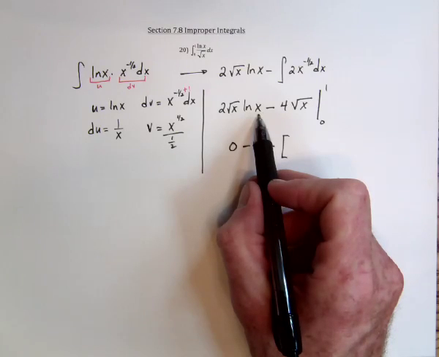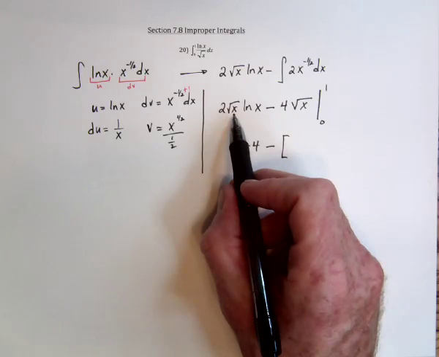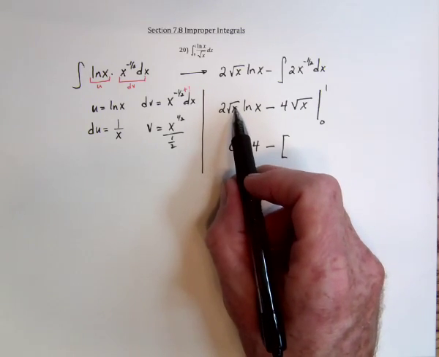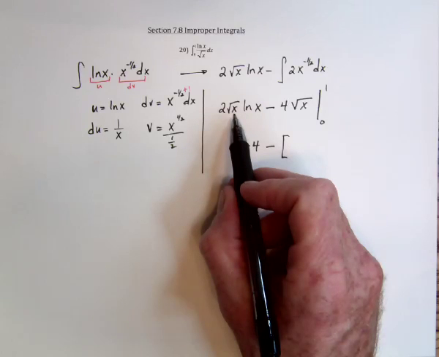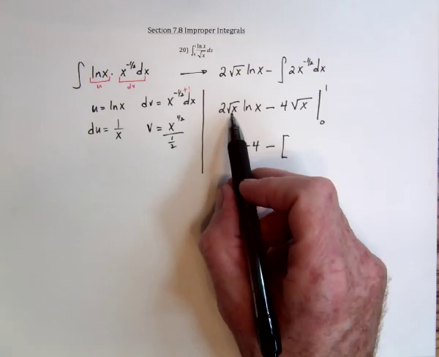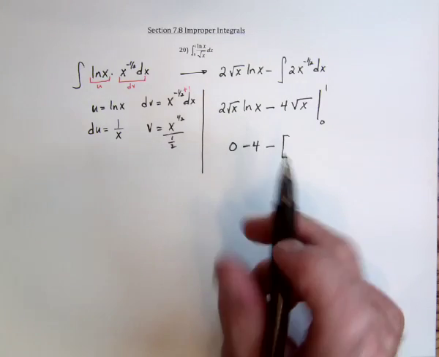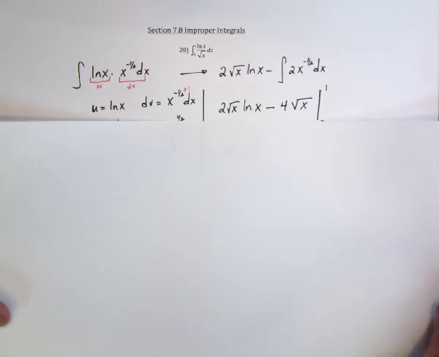So is the answer negative infinity because this is so powerful, or is the answer 0 because this takes control of the situation? In other words, this one's going to negative infinity, this one's going to 0. Which one goes there faster? That is the point of L'Hopital's rule.